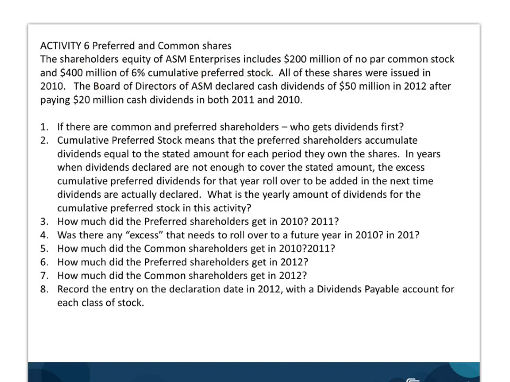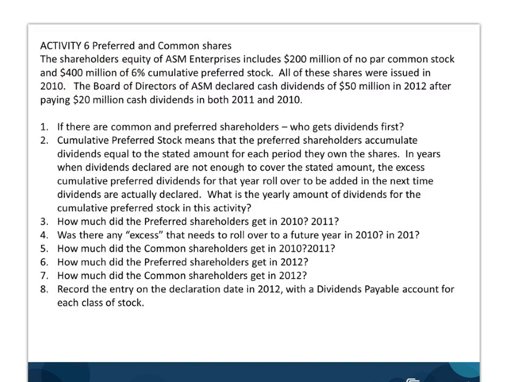What does that even mean? Okay, what that means is it's cumulative. So that means the preferred shareholders accumulate dividends equal to the stated amount for each period they own the shares, right? So these are 6% shares. That 6% refers to the $400 million, and that's basically the rate of dividends they are entitled to each year.